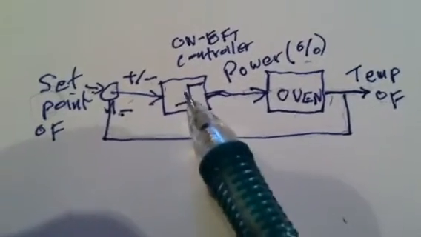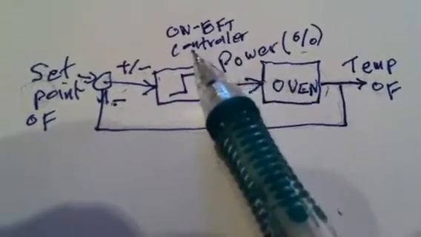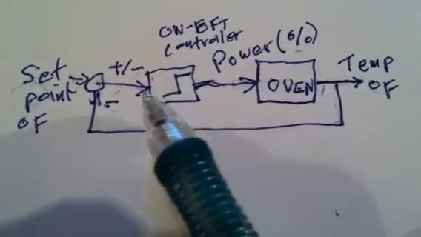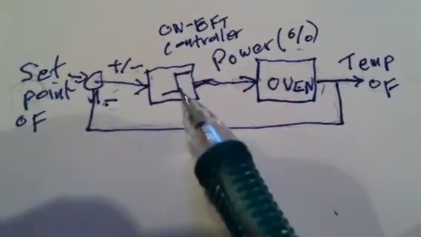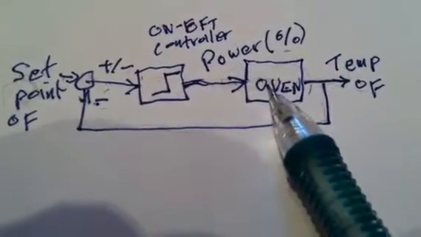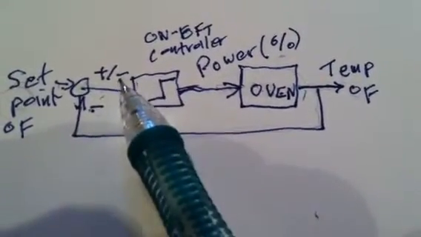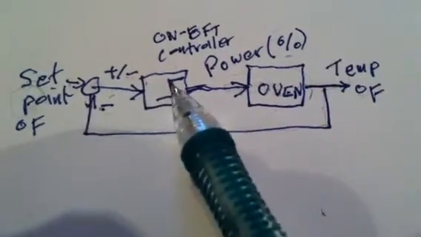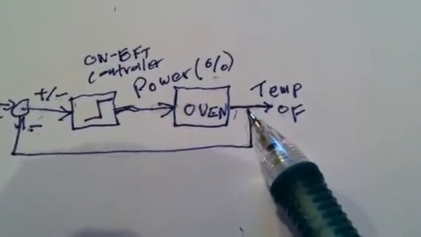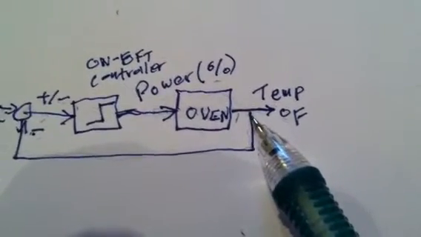And then on my oven I have what's called an on-off controller. That means if this number is positive, then this is on, sends 100% power into the oven. And if this is negative, then it turns it off. So let's say here that the temperature in my oven is now 68.7 degrees Fahrenheit.